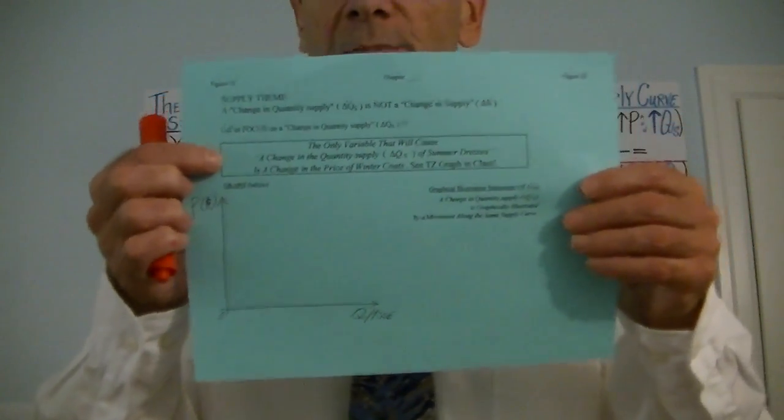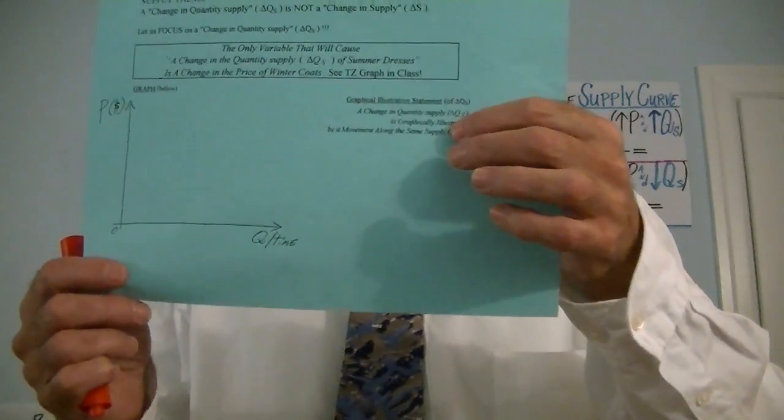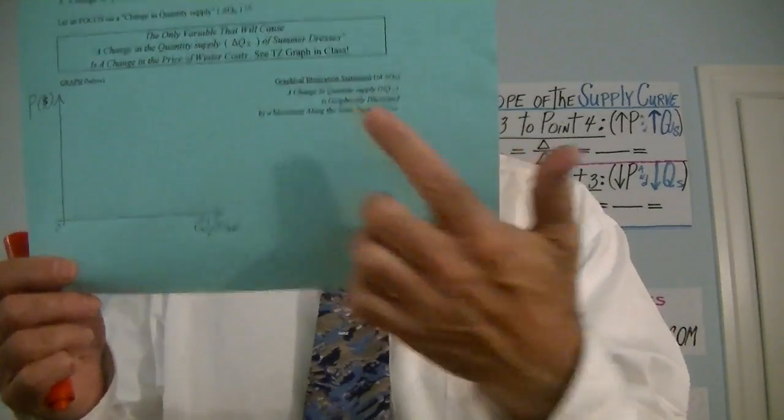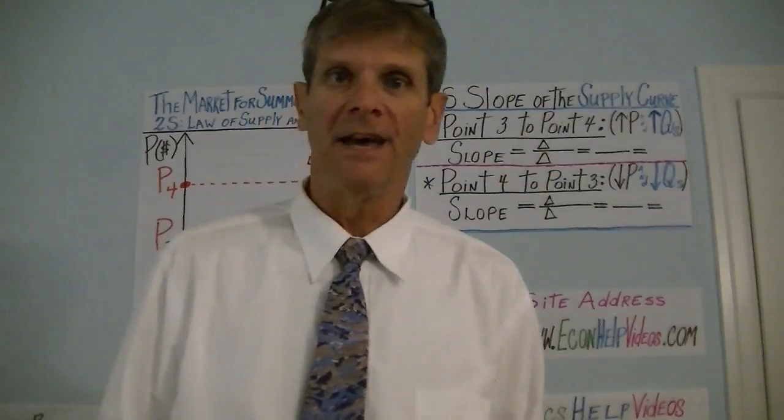The only variable that can cause a change in the quantity supply of summer dresses is a change in the price of dresses. And then that change in quantity supply is graphically illustrated by a movement along the same supply curve.